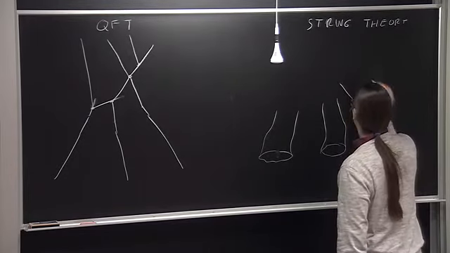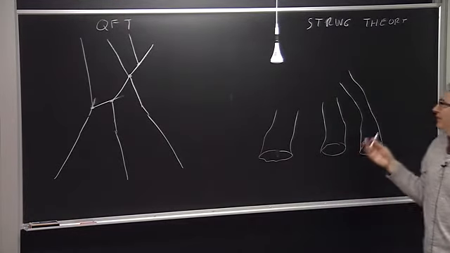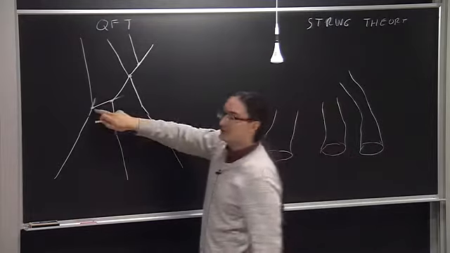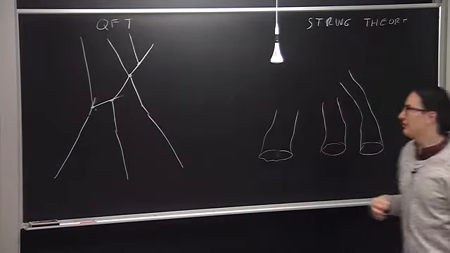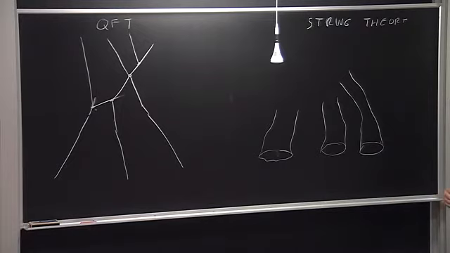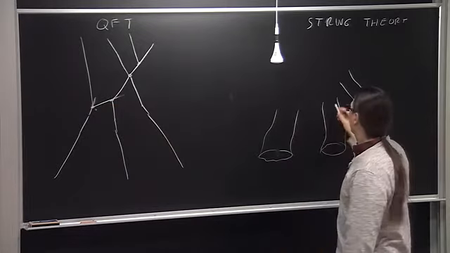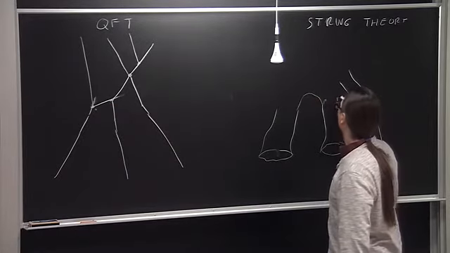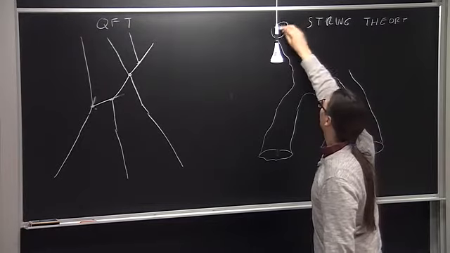Now, in principle, I guess you could try to add interactions where special things happen. But actually, I don't think anybody knows how to do that in a good way, and it's not needed. A nice property of strings is that they come with natural interactions. You don't need to add by hand an interaction vertex. You just require the strings to smoothly join and separate out again.